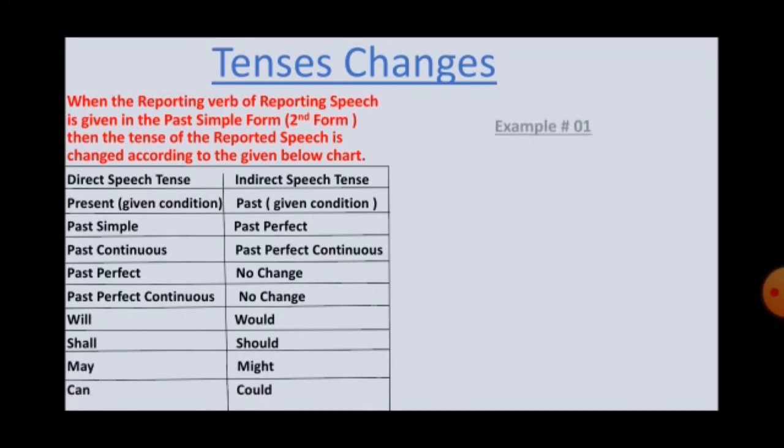Okay, but most important is that there must be a second form in the reporting speech. In these changes, we must have the past form in the reporting speech, like "said". If there is no "said" word, we do not change this. So now students, look at this.